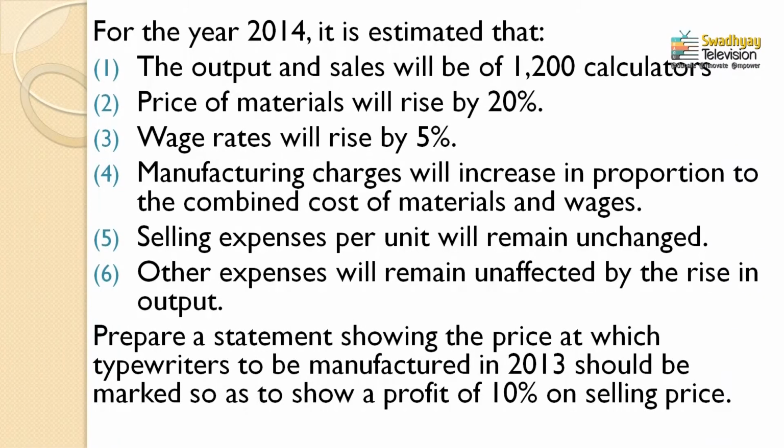So, we need to interpret the question properly. The fifth and sixth adjustments are both very technically sound. For selling expenses per unit, we need to identify per unit, and in the sixth, other expenses will remain unaffected. The word unaffected is very important. In this way we need to prepare the estimated cost sheet for the year 2014.